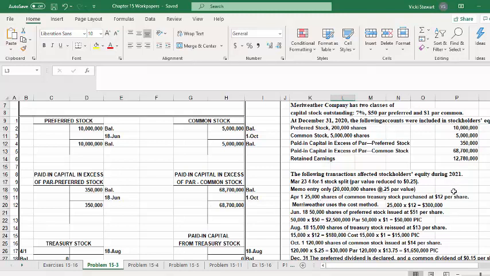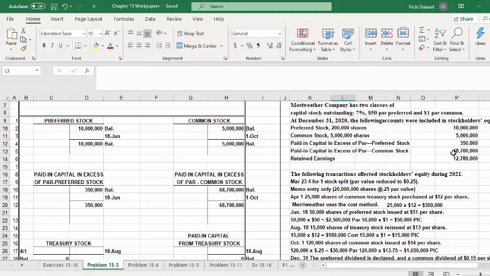So the first item is on March 23rd, a 4-for-1 stock split was issued or declared, and it reduced the par value to 25 cents a share. So when we have a stock split, we do not make a journal entry.